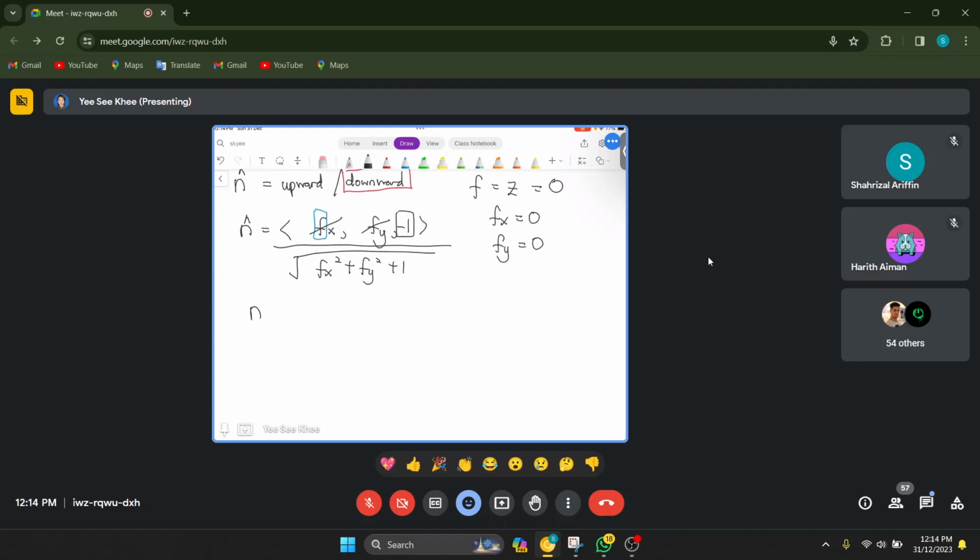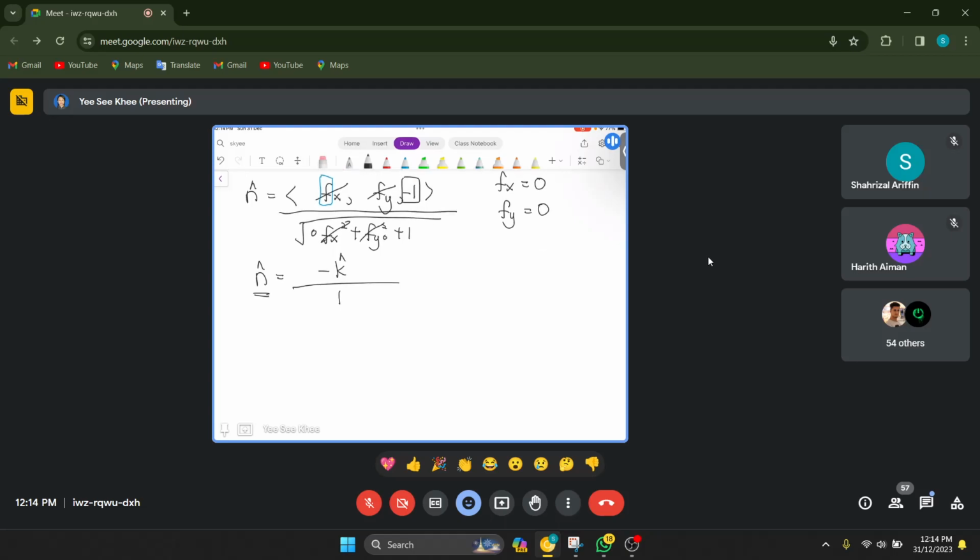So this will give you negative k over the square root of fx squared plus fy squared plus 1, which is all 0 plus 1, so this equals 1. So you see this one is the unit normal vector.